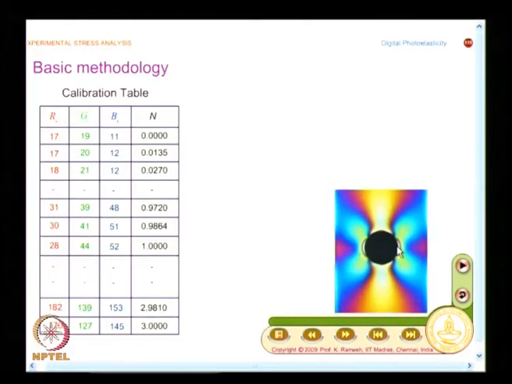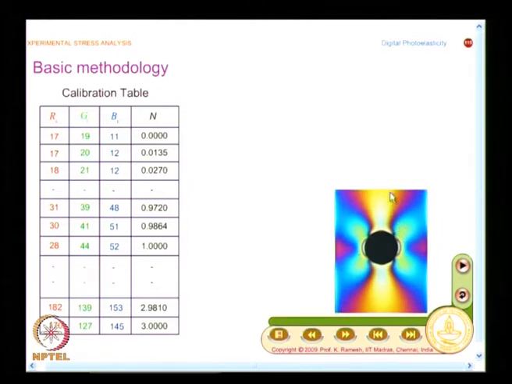Because in many of the engineering applications, evaluation of stress concentration factor becomes important because you have finite geometry. In a finite geometry problem, if you have to find out the stress concentration factor, what you need is the maximum fringe order which is on the horizontal diameter, and find out from the far field what is the average fringe order.